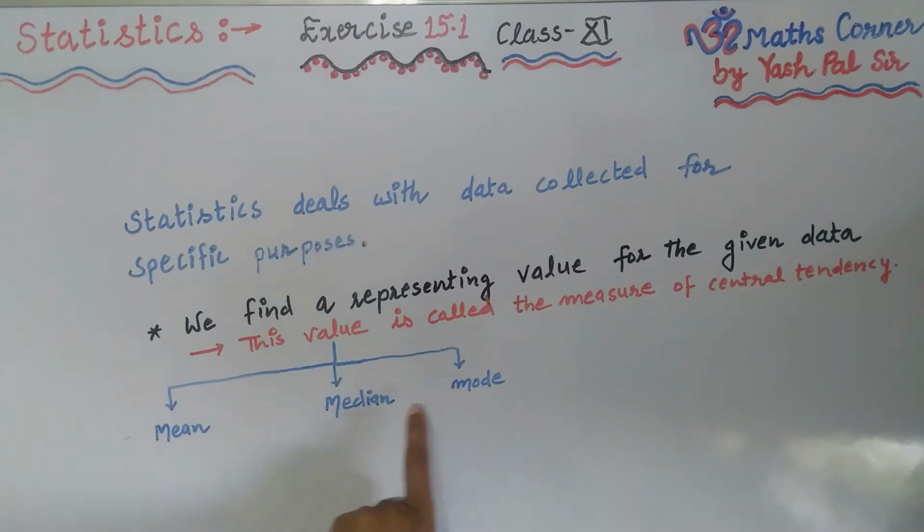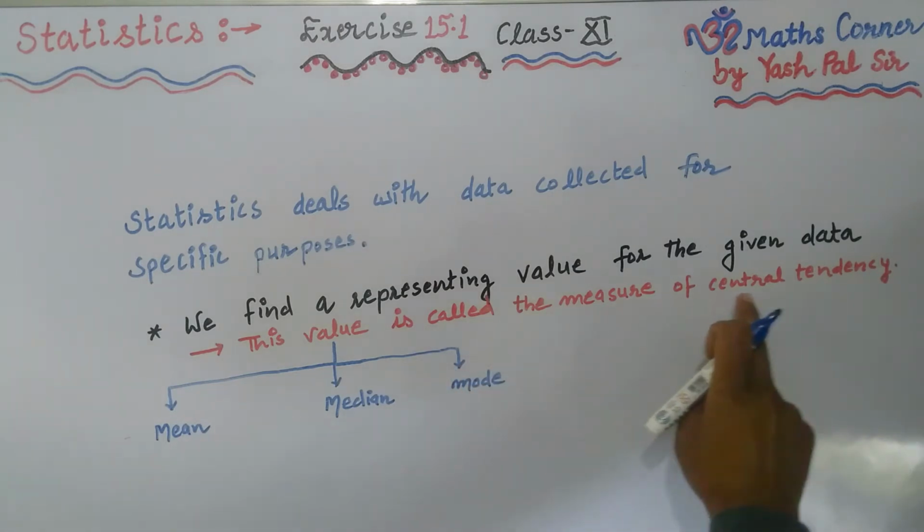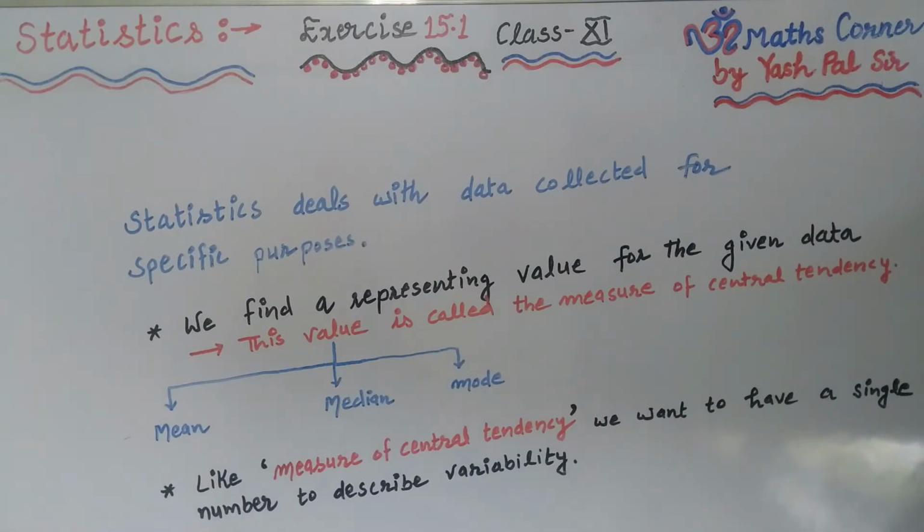Mean, median, mode, all these are called the measure of central tendency. A measure of central tendency gives us a rough idea where data points are centered.